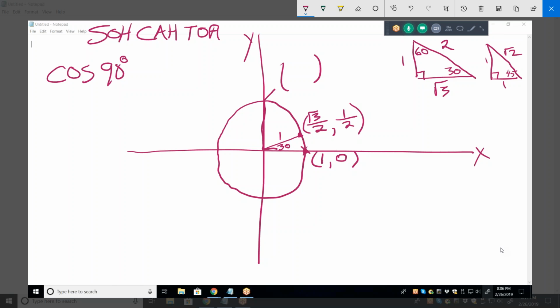Look at my x-y coordinate and tell me what the x value of where I just pointed is. 0. Okay, what's the y value? 1. Now let's do the same thing over here. Give me those two. -1, 0. And the same thing down here. 0, -1. That tells you the sine and the cosine of all 4 quadrangles.